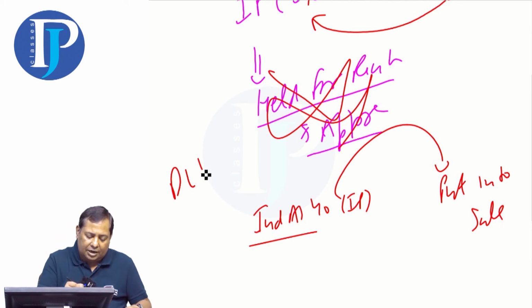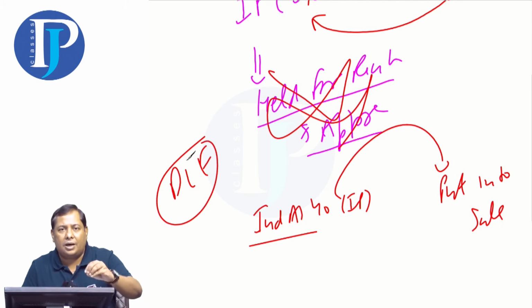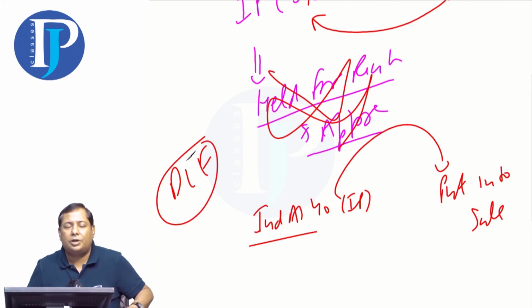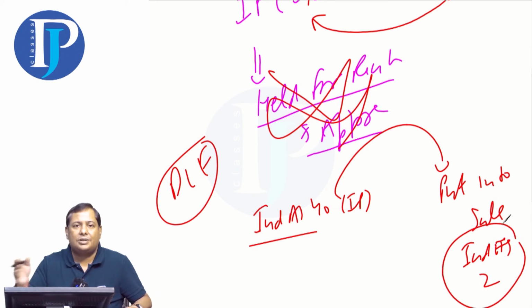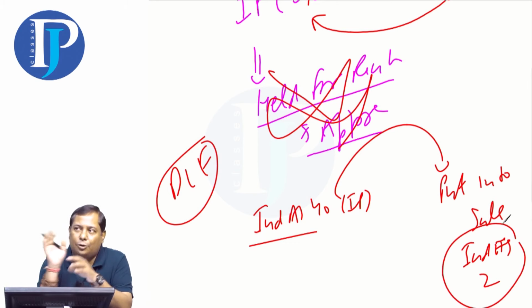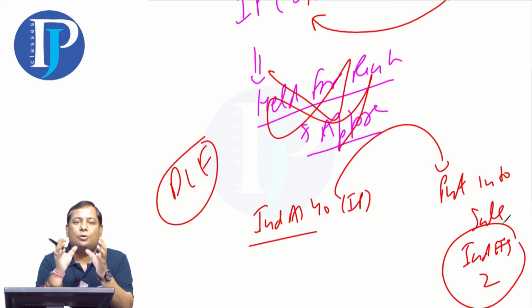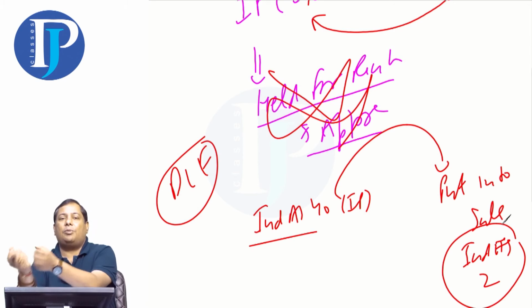I will take the example of DLF. DLF built a mall and has been renting it out. But now DLF feels they will sell the shops in the mall. Okay? If you put it on sale, then we will change it into Ind AS 2. It will go to Ind AS 2 from 40 to 2. It's also possible that something was put on sale and we are converting it to investment property.